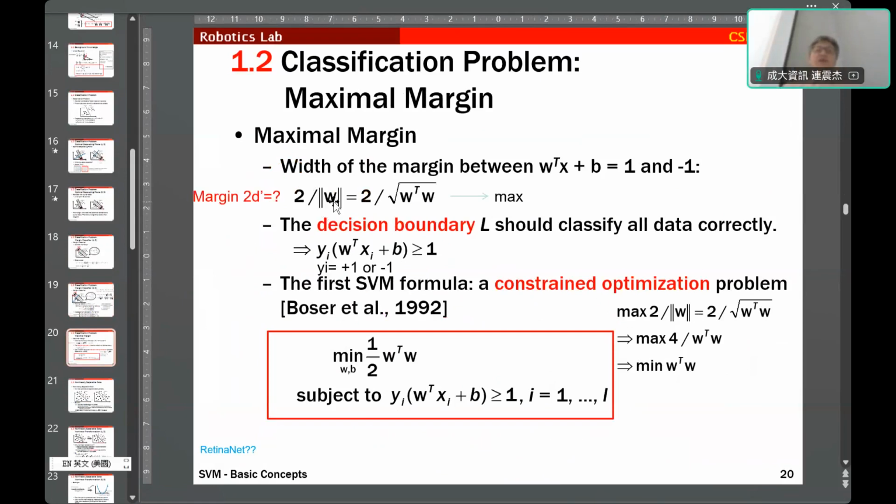So we want to what? We want to have a maximal margin. That means we want to maximize the ds. We want to maximize this one. So the equation becomes, we want to maximize this one, meaning we want to minimize the denominator.